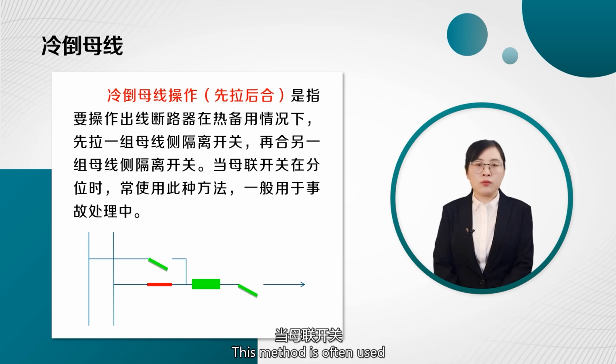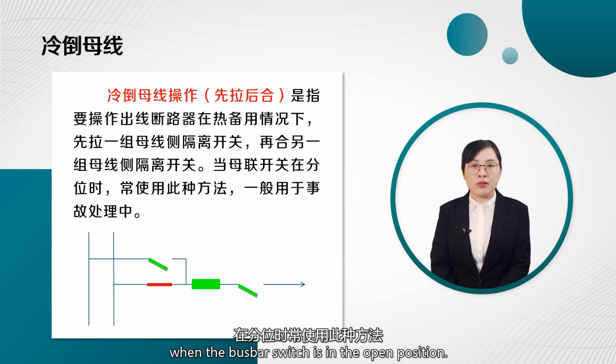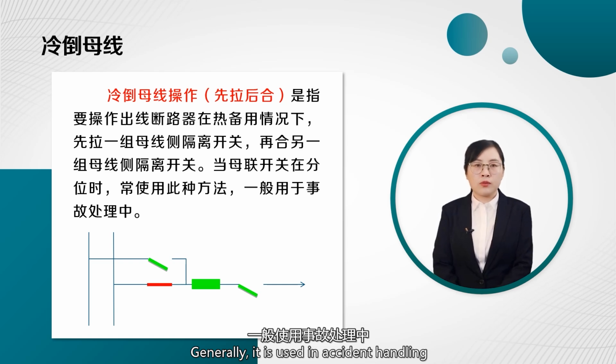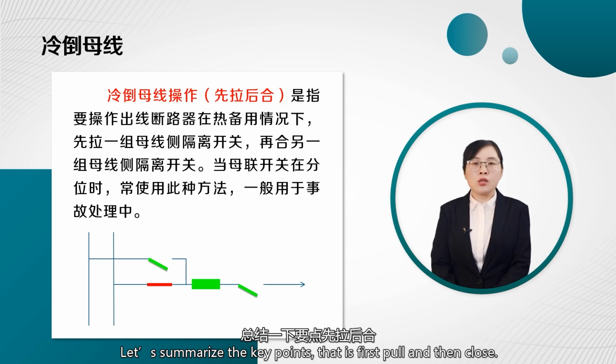This method is often used when the busbar switch is in the open position. Generally, it's used in accident handling. Let's summarize the key points. That is, first pull and then close.